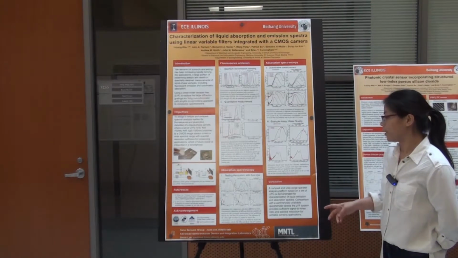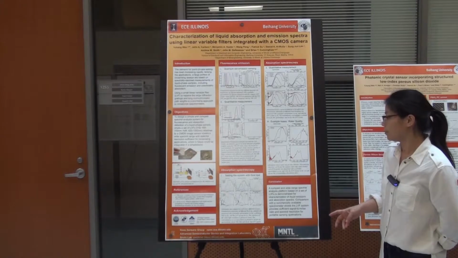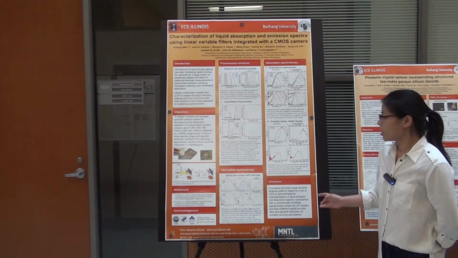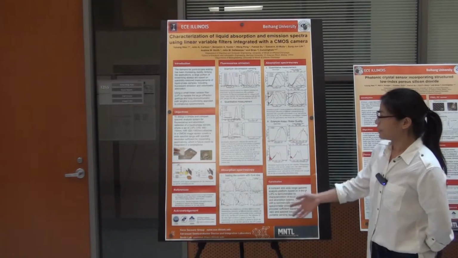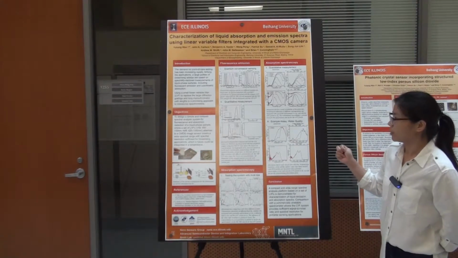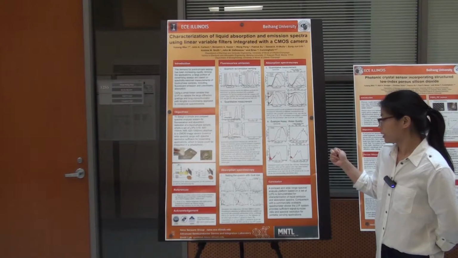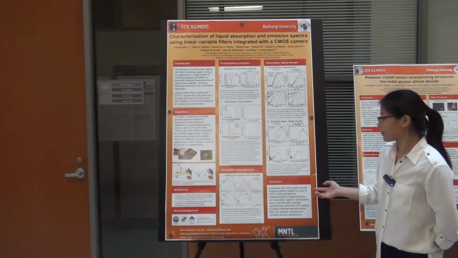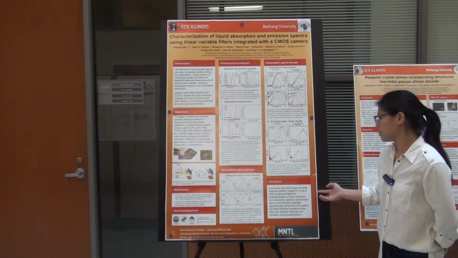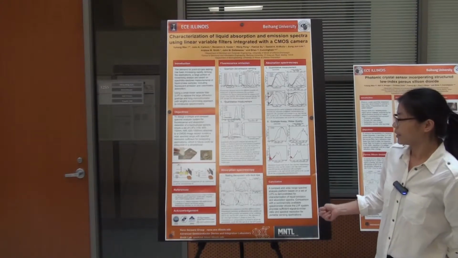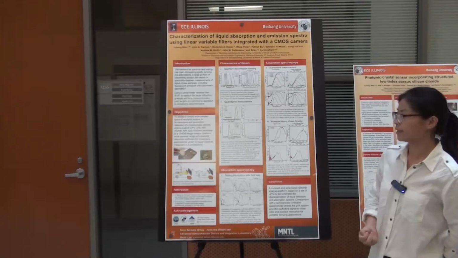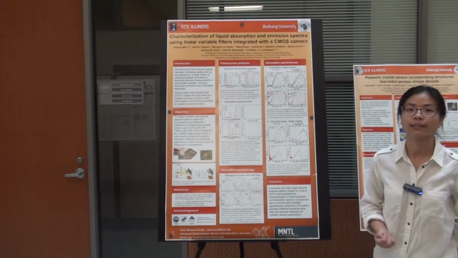This shows that this type of spectral analysis platform is suitable for the kind of measurements we are demonstrating here, and the system is simple, compact, and easy to use. In the future, it has the potential to be integrated into mobile devices like smartphones.